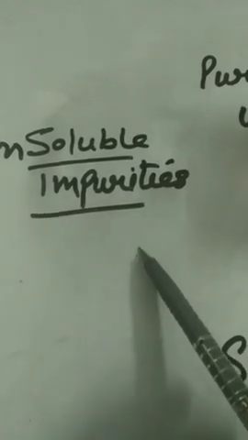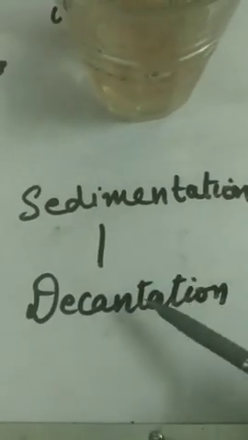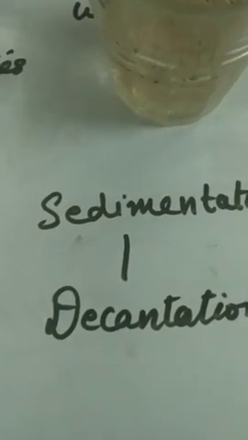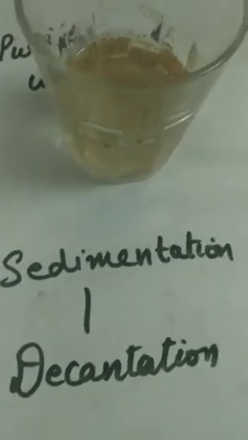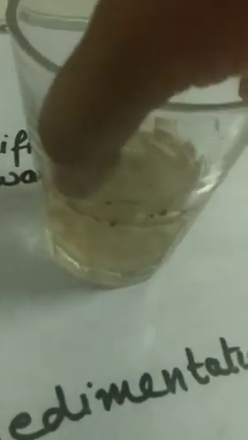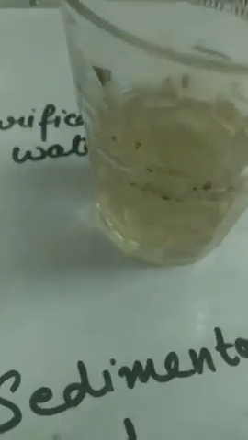Insoluble impurities we can remove by the sedimentation method, followed by decantation. Sedimentation: when we keep the glass with the impurities for 5 or 10 minutes, then automatically the insoluble substance or impurity will settle down.